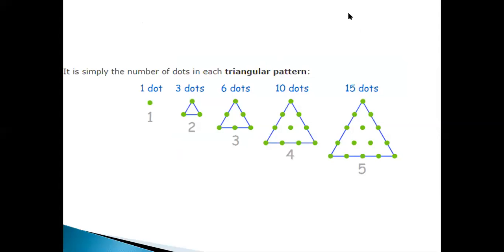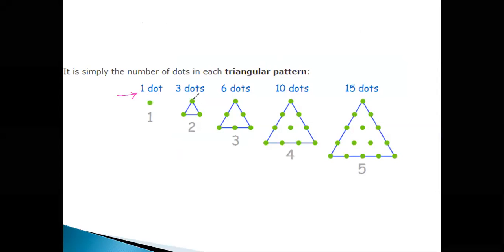The triangular numbers can be written in the form of a triangle. It is clearly explained using dots. You can see that it has 3 dots, 6 dots, 10 dots.